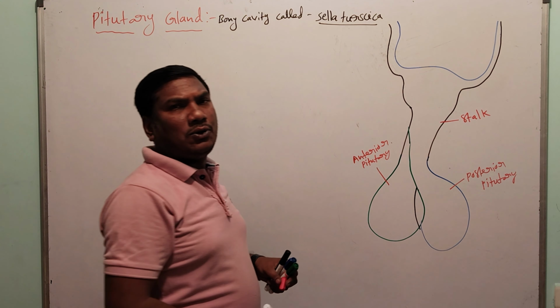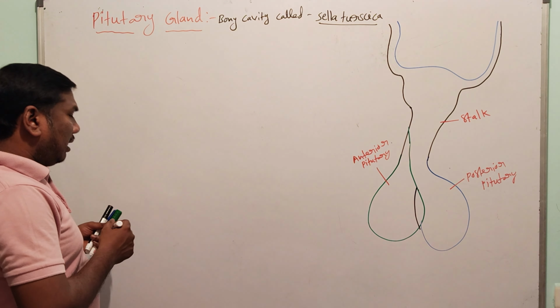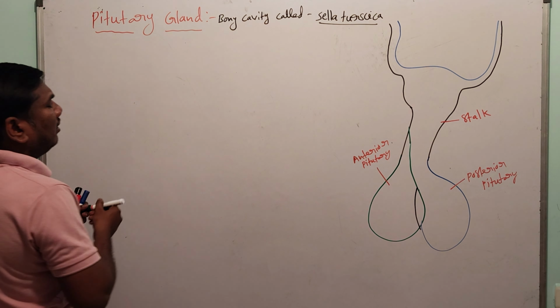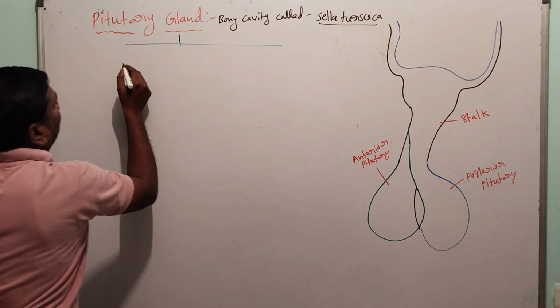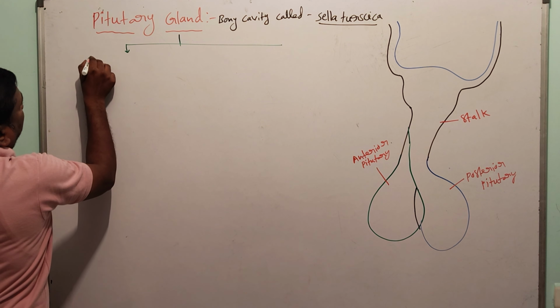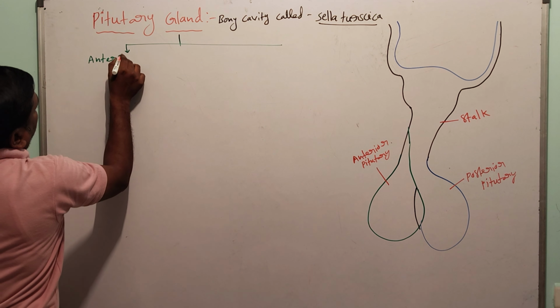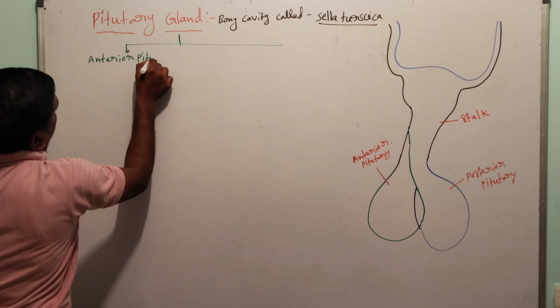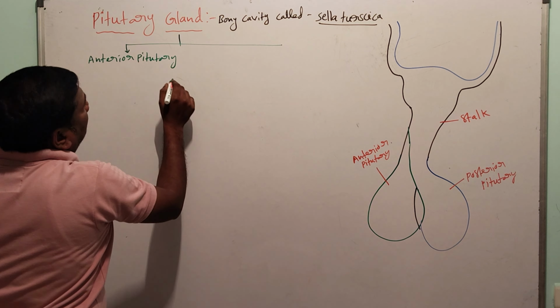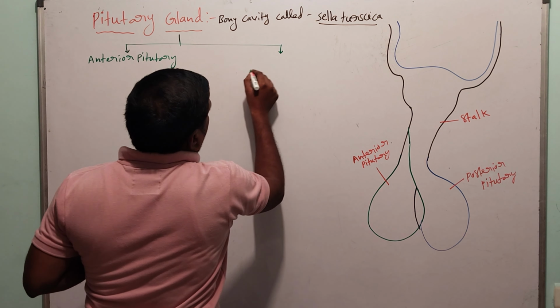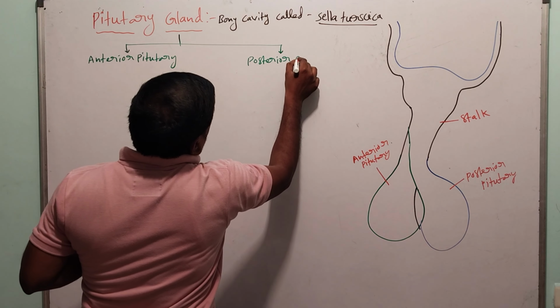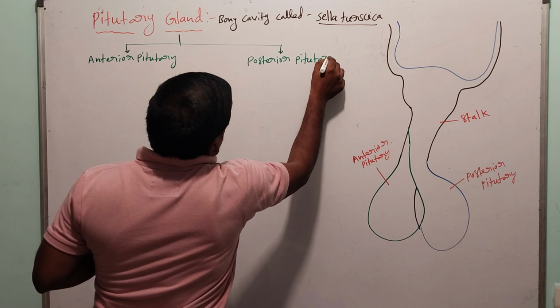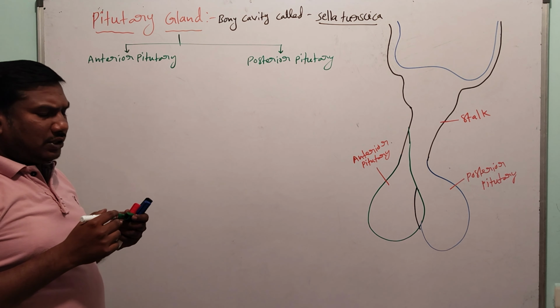The pituitary gland contains two lobes, the anterior pituitary and the posterior pituitary.